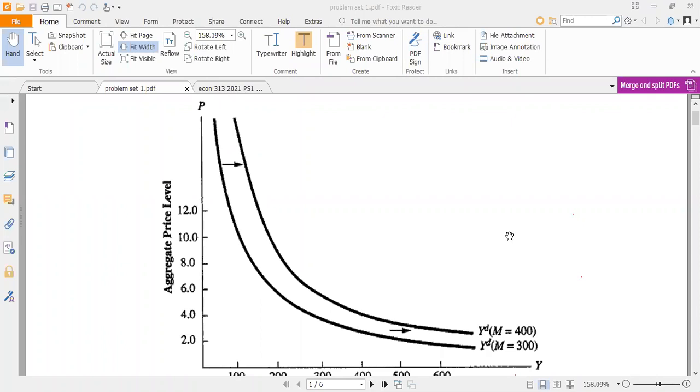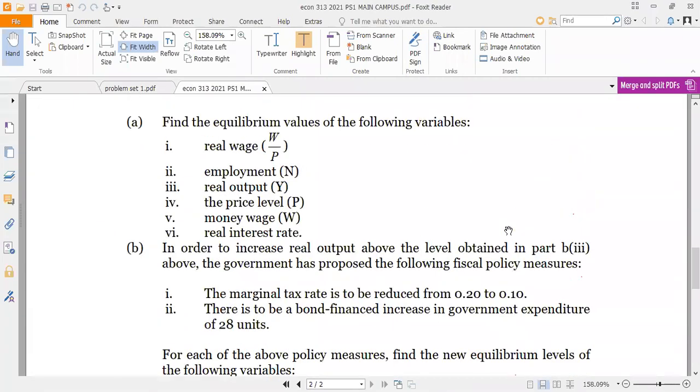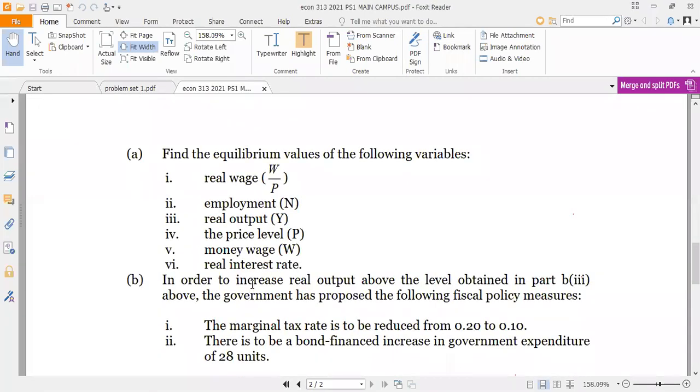Let's check the question again. The B part, you see, in order to increase real output, they wanted to increase the small y. And from the two policies, I think it was only the change in the marginal tax rate that was able to achieve that goal.